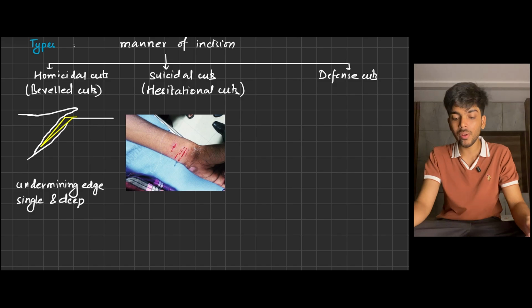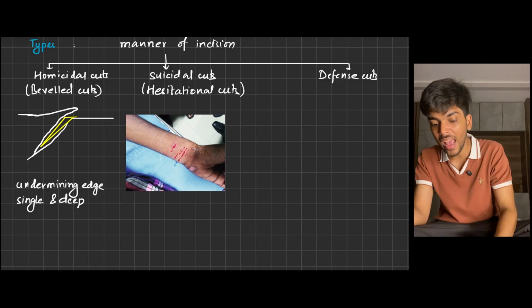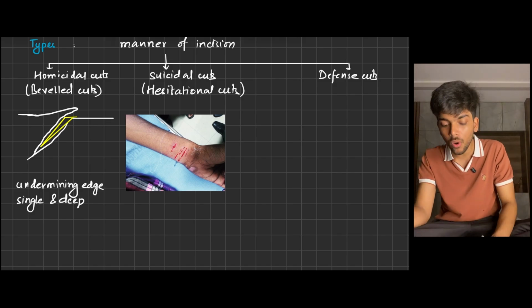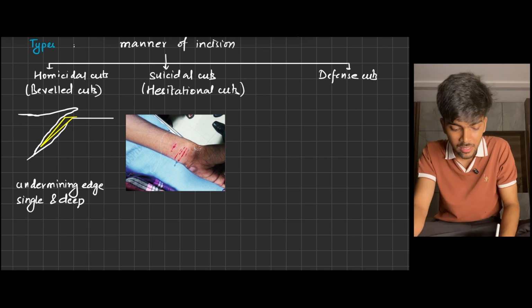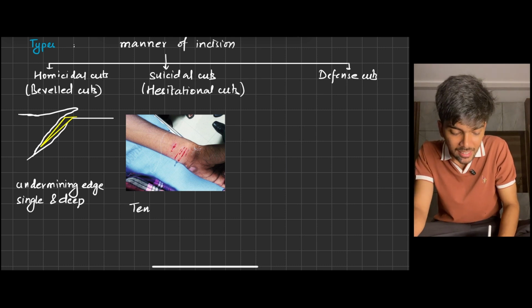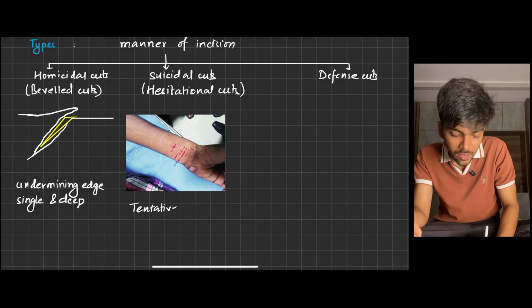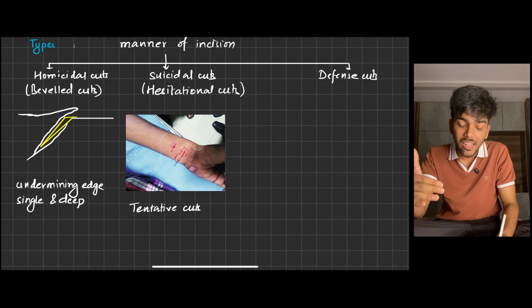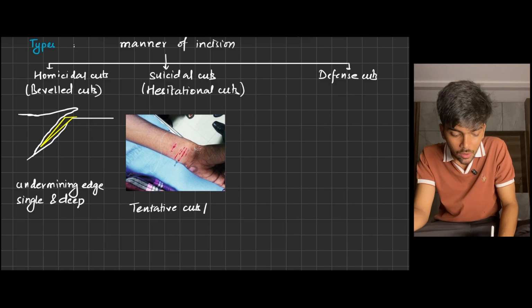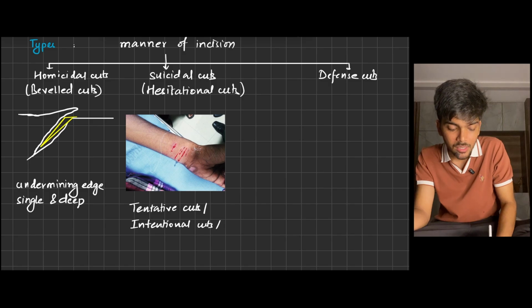That is why it is also referred to as hesitational cuts, because you hesitate to cut yourself, so there are multiple cuts. These are also referred to as tentative cuts, because first there are cuts that are tentative and finally a final cut. Or intentional cut, because you are intentionally cutting yourself. Or trial cuts, because there are multiple trials that take place, right?